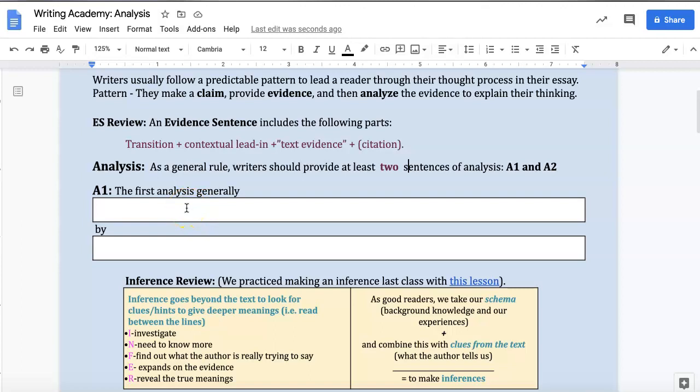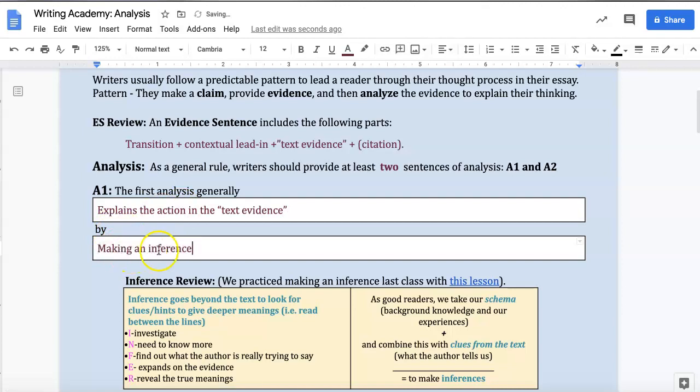So the first analysis generally explains the action of the text evidence by making an inference.